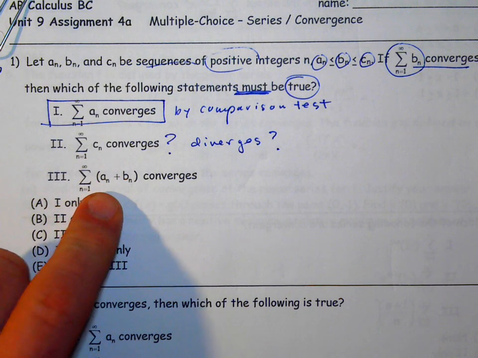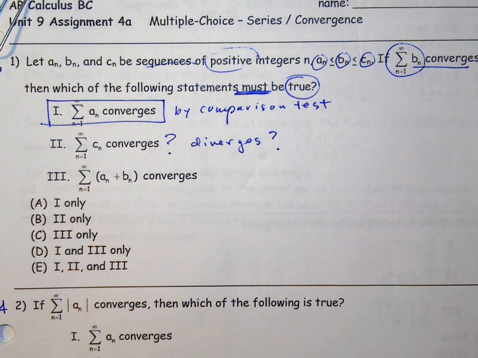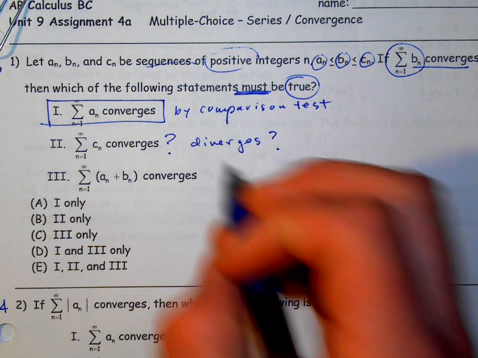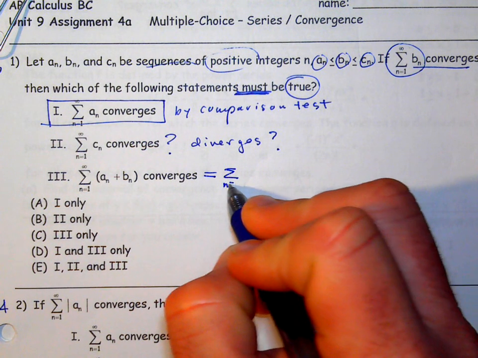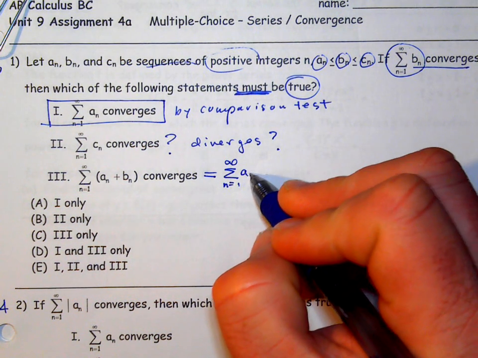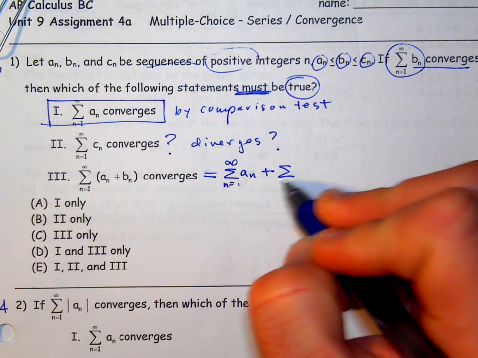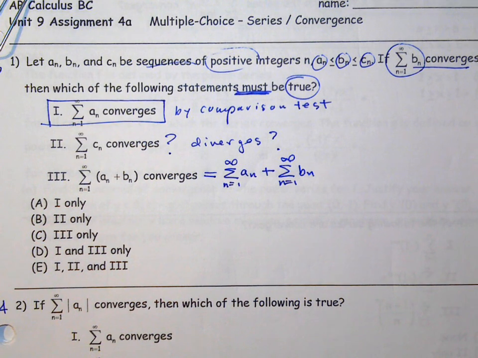Now, these right here, you might think, well, if we add A and B together, that's going to be bigger. We don't know if that's going to converge or not. But we can separate these series kind of like the way we separate derivatives and integrals, and we could treat each series as its own, find its sum, and then add the sums together.